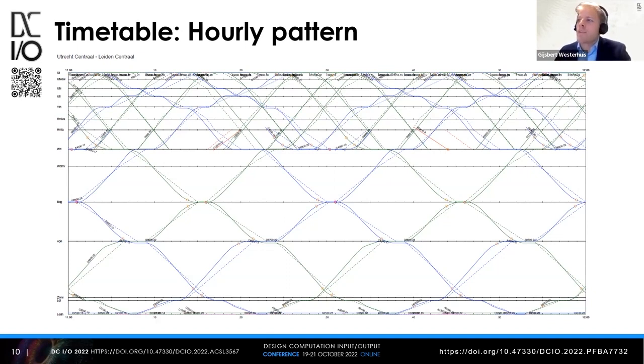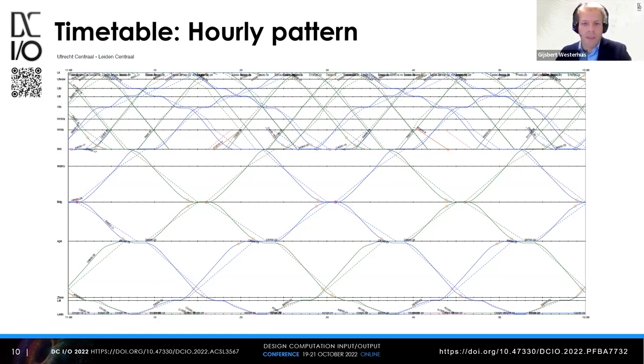In the dotted line you see the planned timetable, and in the striped lines the simulated timetable, and you see 1 hour. You see the 11 and 12, and the point within the Netherlands is that a very high requirement of timetable design is that every hour is the same.